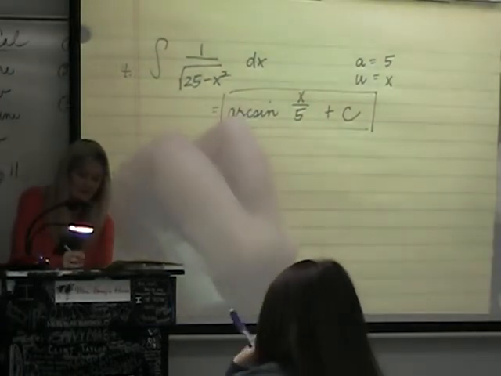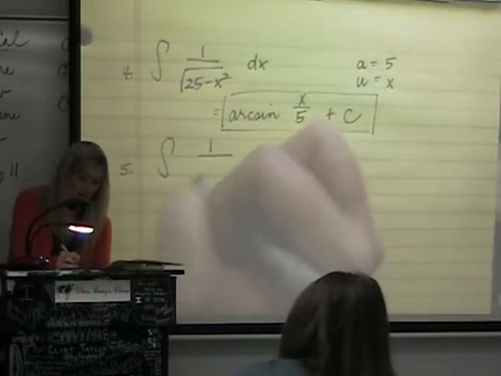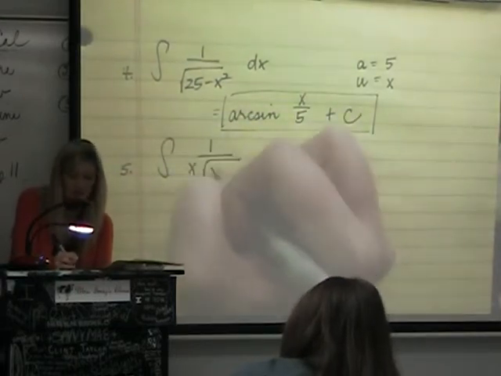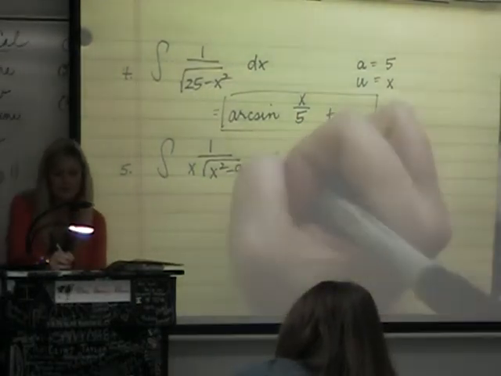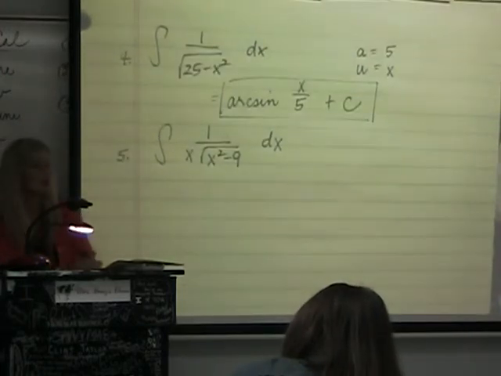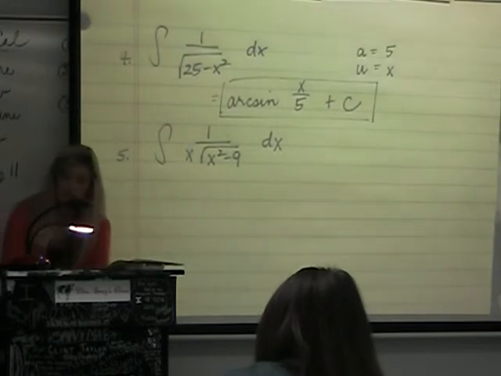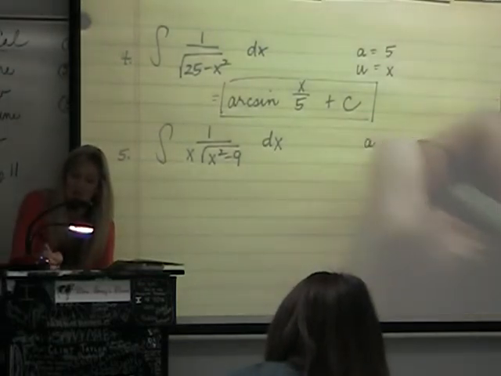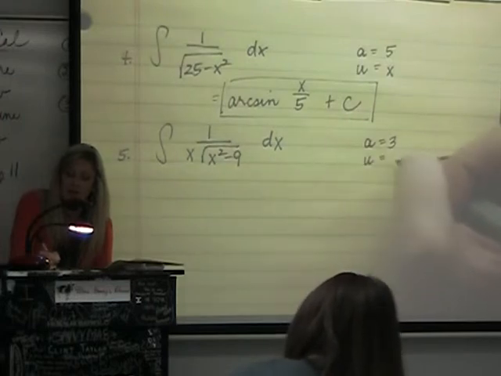Okay, number 5 is taking the antiderivative of 1 over x times the square root of x squared minus 9 dx. So I start off by identifying my a and my u. In this case, my a is what? 3, and my u is plain old x.